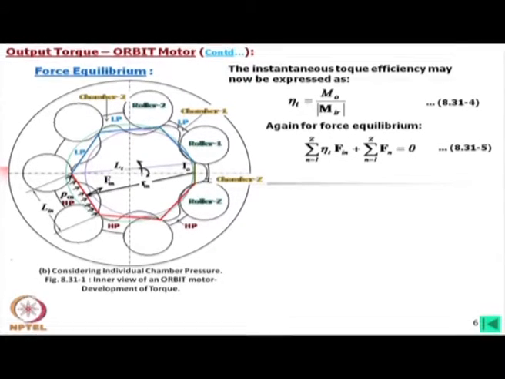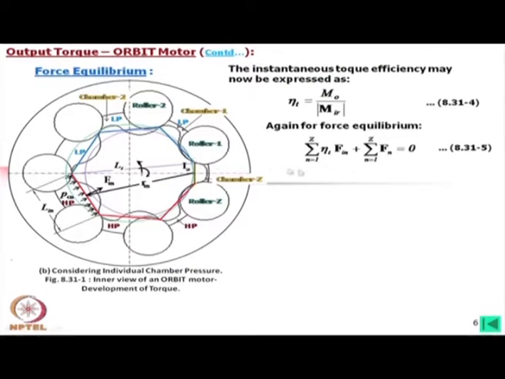Again, for force equilibrium, each chamber force and this efficiency must be equal to the ideal force at the contacts, offered by, this is the resistive force, offered by the elastic deformation of the body. So, we can write the equilibrium in this way. Now, if we consider this is due to the ideal pressure, then this factor is 1 and we will find this force is equal to the pressure force.